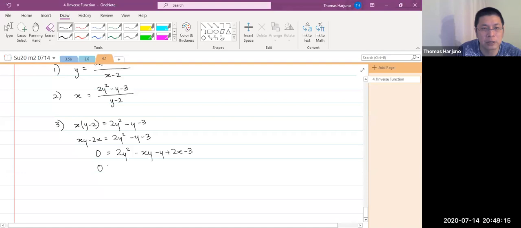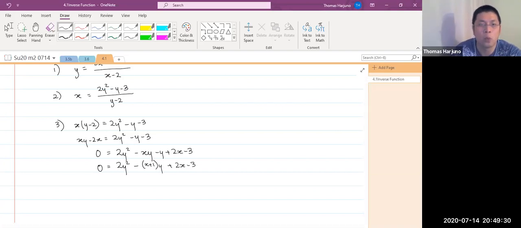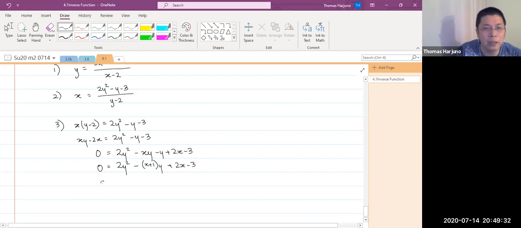This is 2y squared minus (x plus 1)y plus 2x minus 3, where my a is 2, my b is negative (x plus 1), and my c is the one without y's.